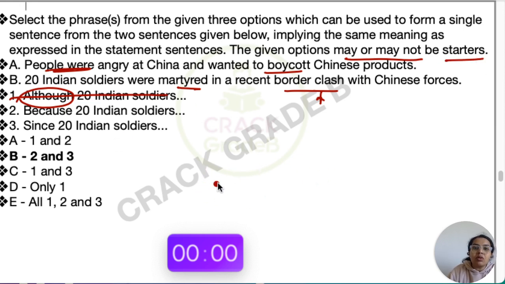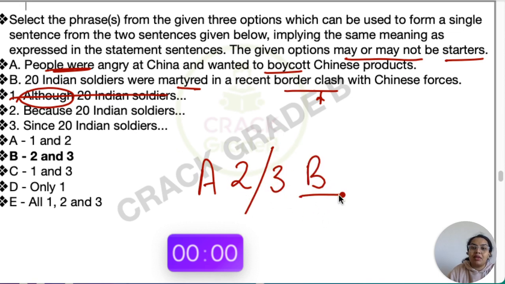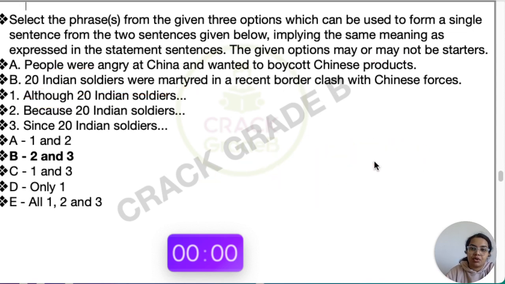You are going to say it in this way: A will come first. People were angry. They wanted to boycott Chinese products. Why? Because, since. I'll also tell you the whole family, and then you go with the B one because now you get to see the reason why people are angry, why they don't want to do anything with Chinese.